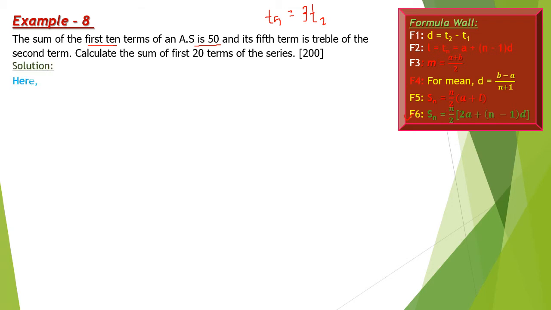Solution here. Now each and every question starts in the same way. S10 is equal to 50, n is equal to 10, and we now have to replace the value of n as 10.